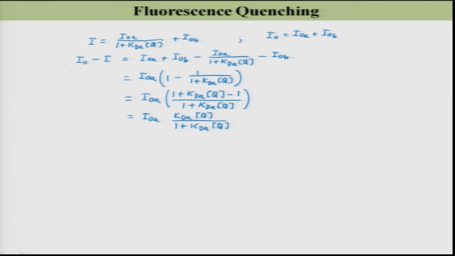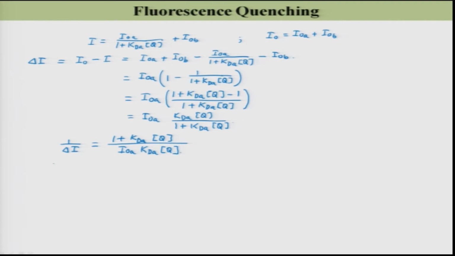So, this one I write as delta I. I can also write this as a delta I. So, 1 over delta I is equal to 1 plus k dA into q divided by I 0 A k dA into q.